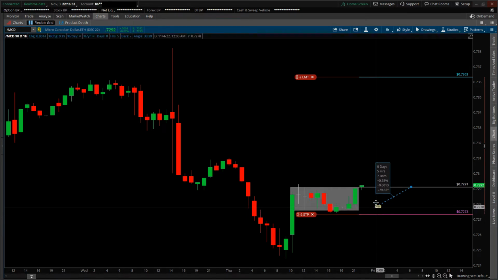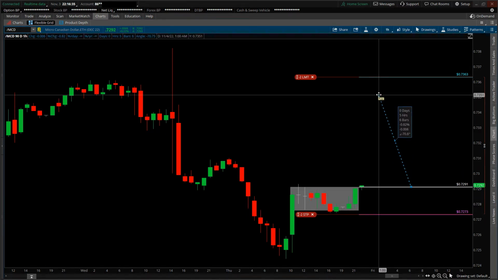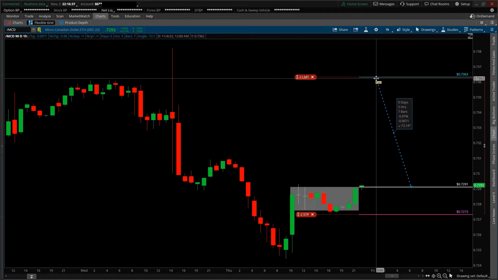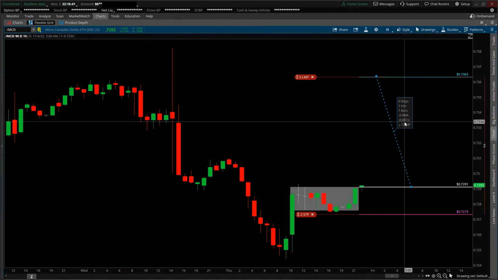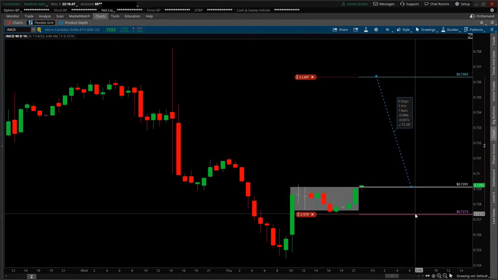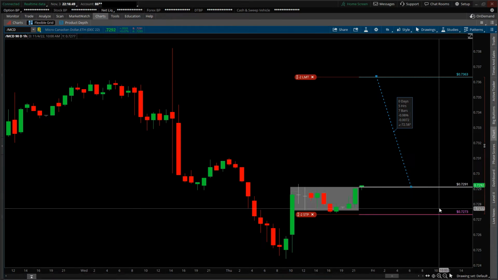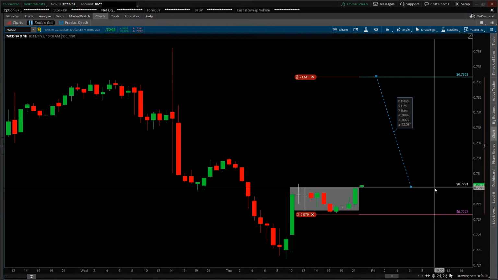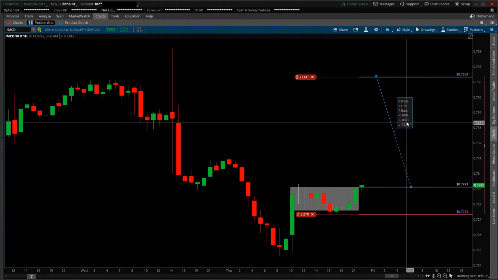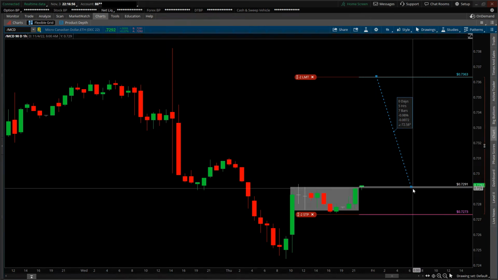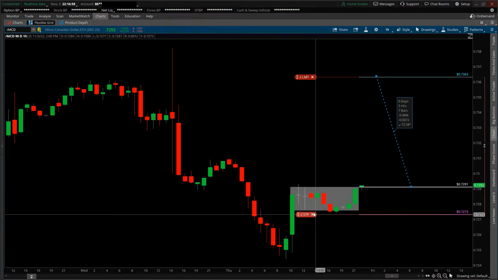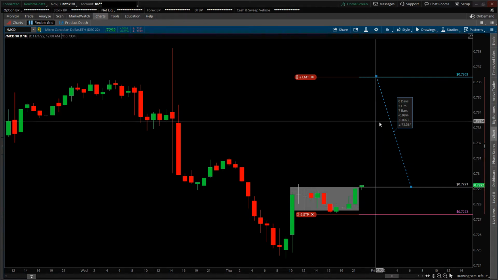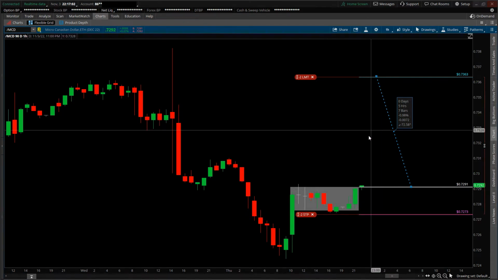At the same time, if price runs up and closes me out at this price level, which is a measure of 72 ticks, 0.0072, essentially I'm risking 18 to make 72 ticks. So I'm risking $36 to make $144 in this trade.